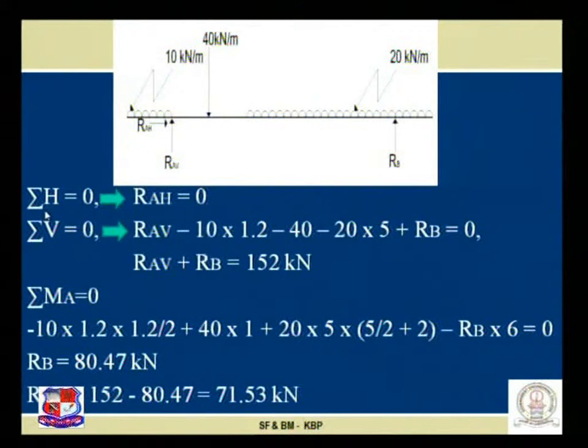Taking the first equilibrium condition, sigma H is equal to 0, and there is not a single horizontal force acting on the beam, so RAH is equal to 0. Another equilibrium condition, sigma V is equal to 0. The first force, RAV, is acting upward, so plus RAV. Now this 10 kilonewton per meter is acting downward, so minus 10 into 1.2.